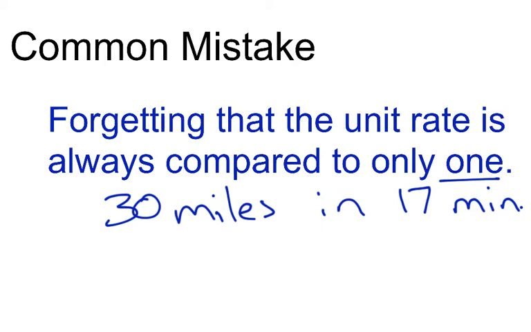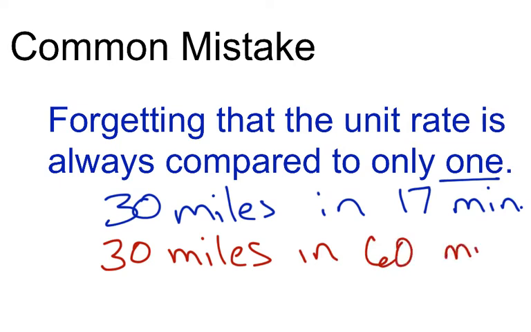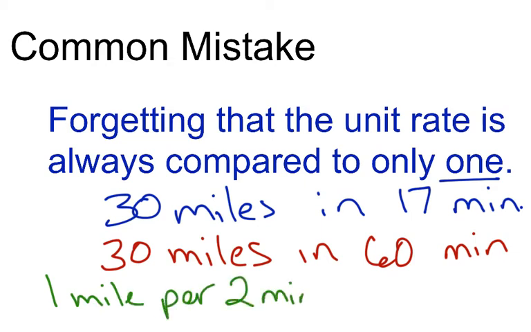Another common mistake, a scenario like 30 miles in 60 minutes. Students will often say that the unit rate is 1 mile per 2 minutes, whereas in reality, your unit rate always needs to be over 1.